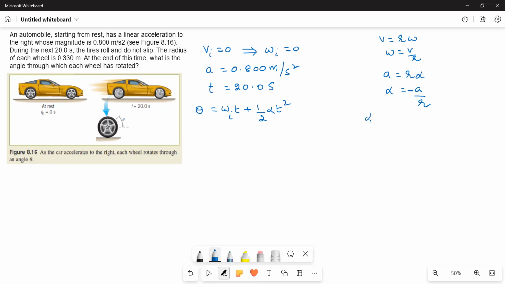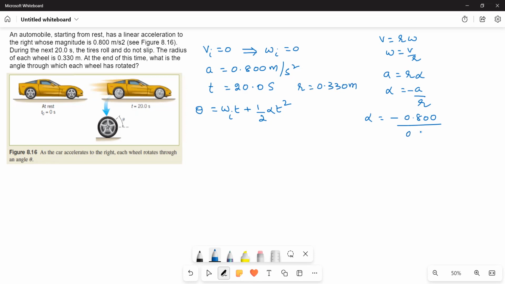Here I will calculate alpha. Alpha is equal to minus 0.8 divided by R, where R is equal to 0.330 meters.